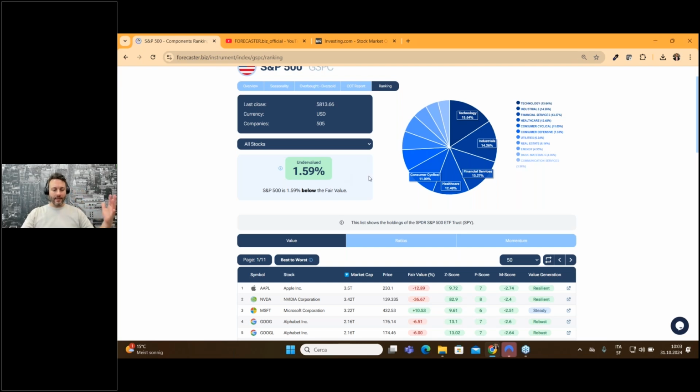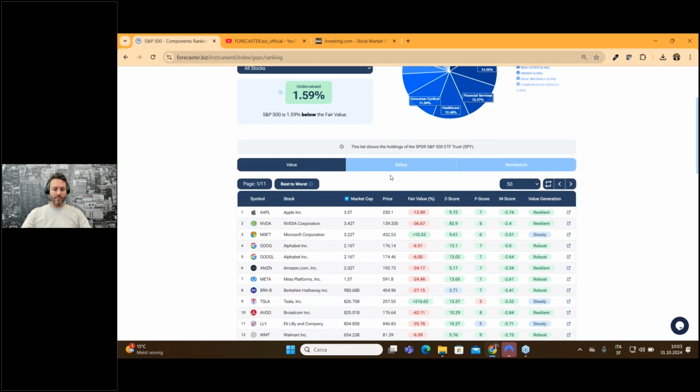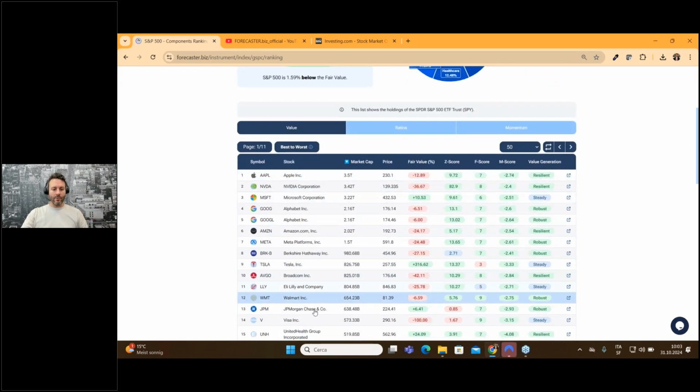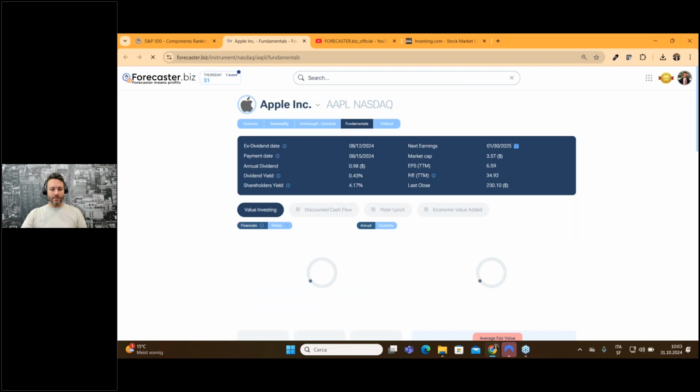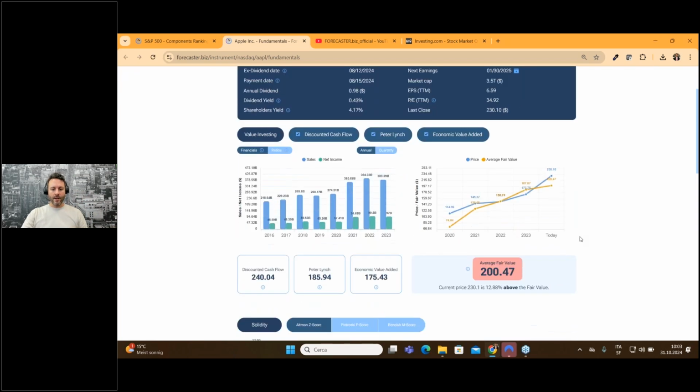How can we tell you this? Very simple. For all the components of the index, as you can see, we have the fundamental page in our software where we calculate the fair value for the company using three different methods: the discounted cash flow, the Peter Lynch method, and the economic value added.